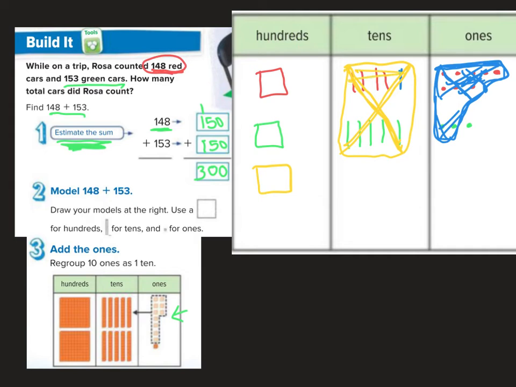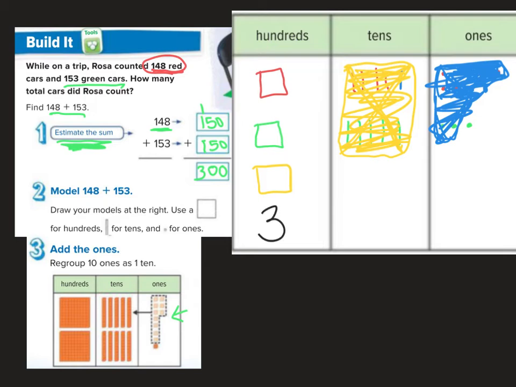Okay, so these all X'd out. And these all X'd out. So when I look at my final answer here, guys, look what I have. I have 3 100s. I don't have any 10s because I crossed them out. 0 10s.